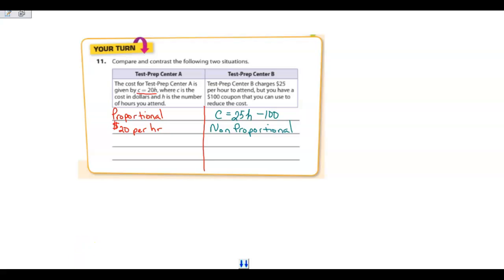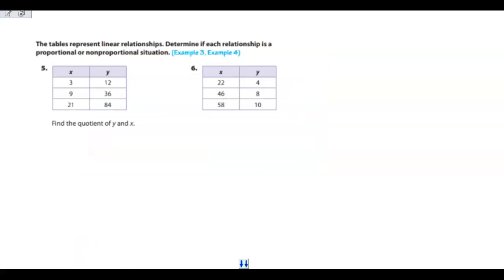Okay? Let's take a look at the next. The tables represent linear relationships. Determine if the relationship is proportional or non-proportional. So the first thing we're going to do is see if there's a constant.